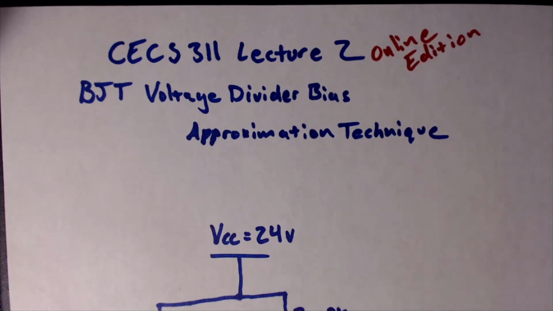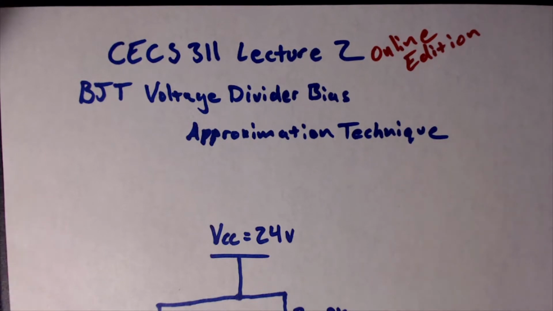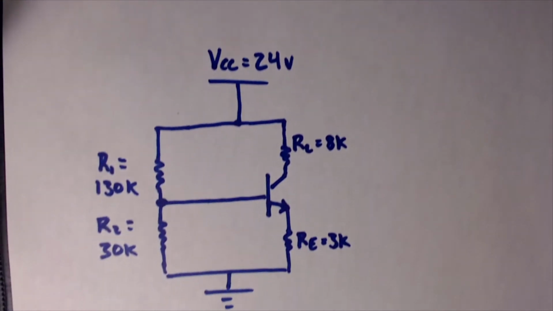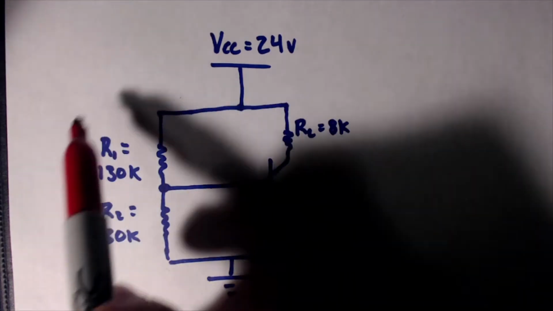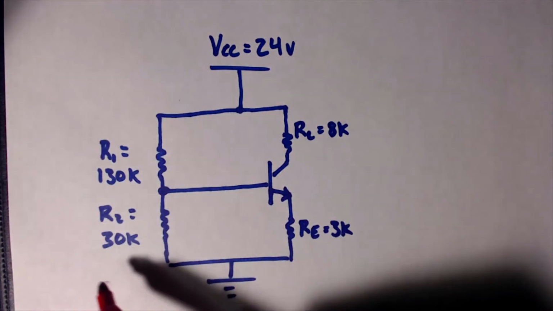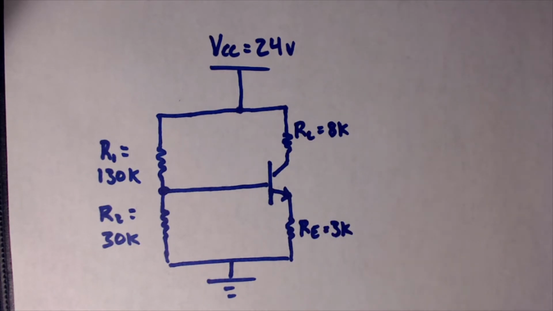All right, welcome back. Last time we did the BJT voltage divider bias circuit, and we learned how to solve that using the Thevenin solution, where we took the front end, Thevenized that, and basically reduced it down to a base bias version that we then could solve more easily.